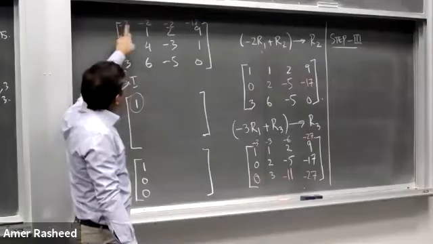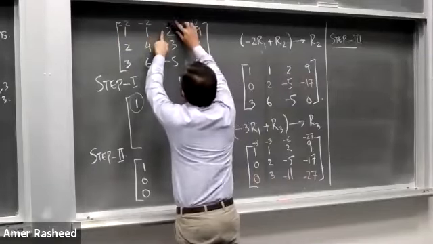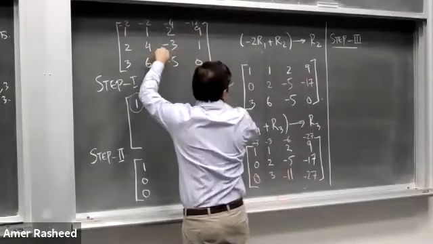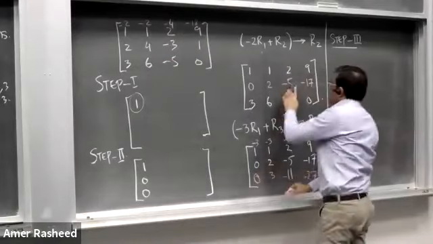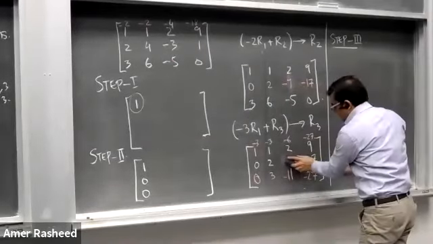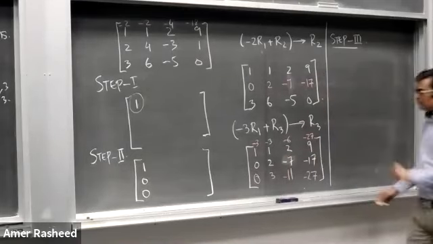We are multiplying R1 by -2. Yes, multiplied by -2, so here it should be -4. Thank you. And then -4, -3, -7 should come here. Okay? This is what you were talking about. I think it's -7. Okay.